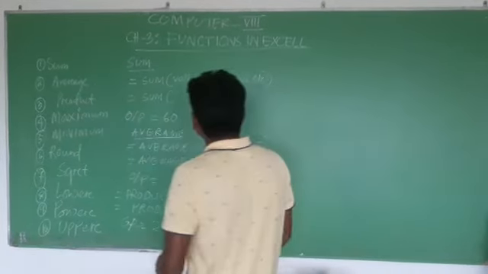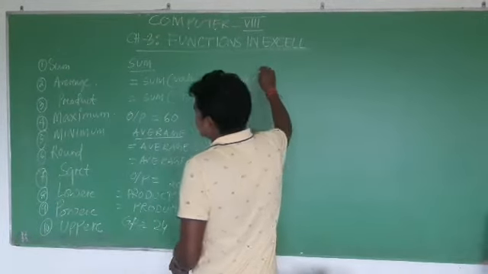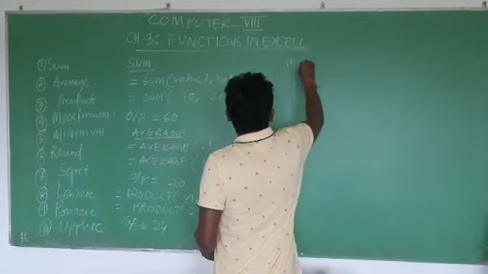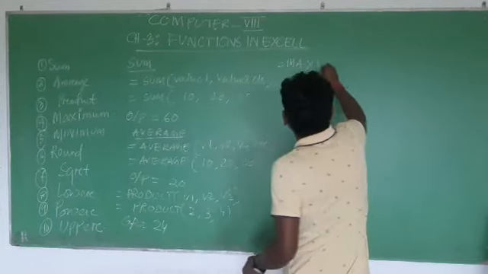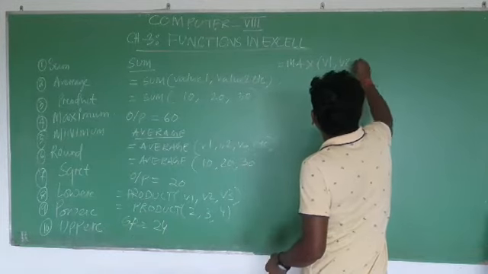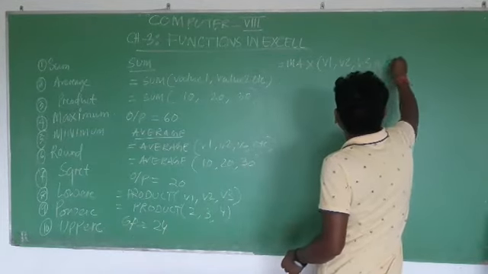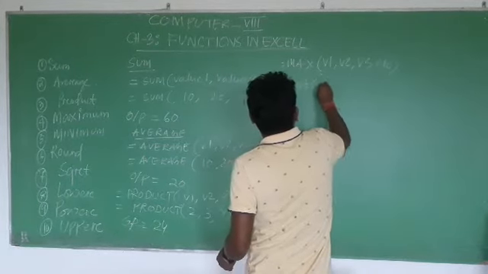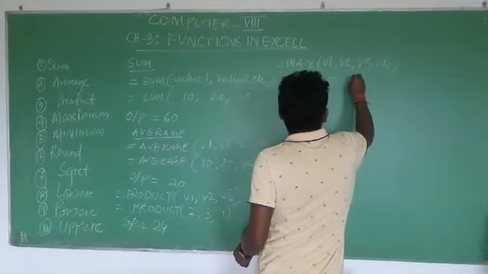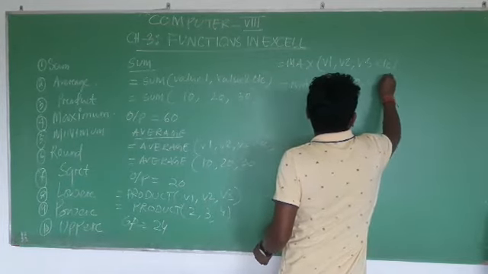Next, the maximum value, that is MAX. Given value 1, value 2, value 3, etc. You write max of 55, 100, 60.